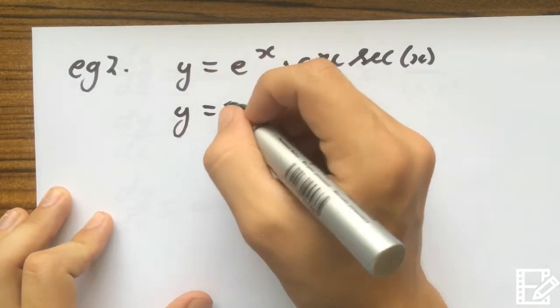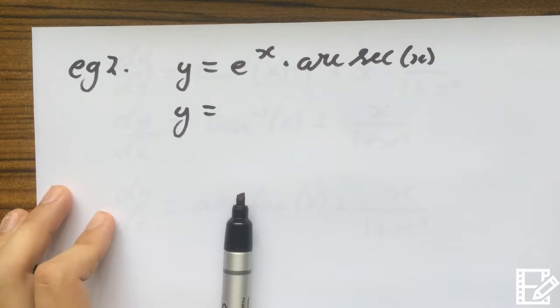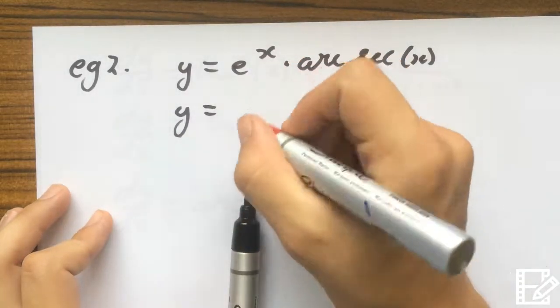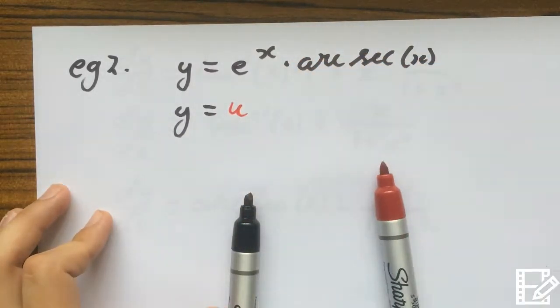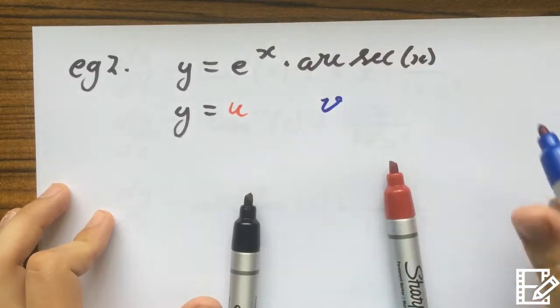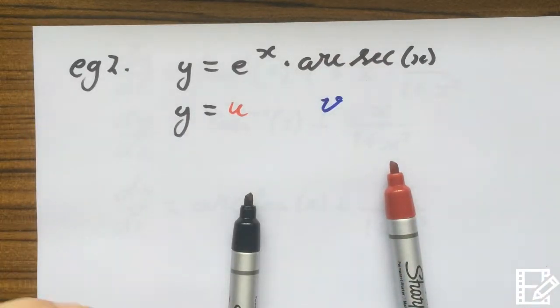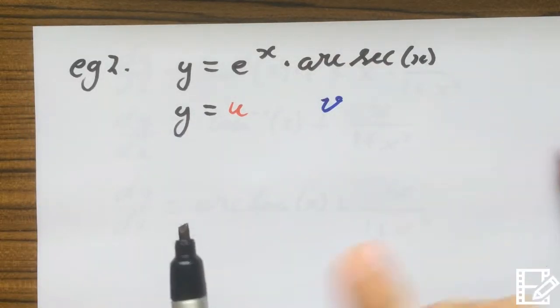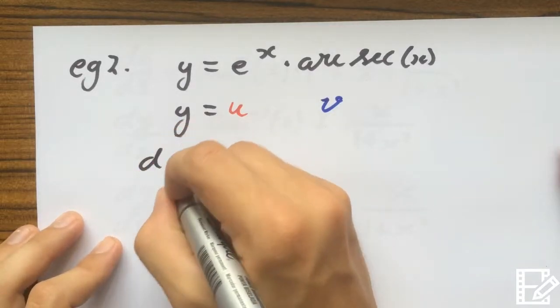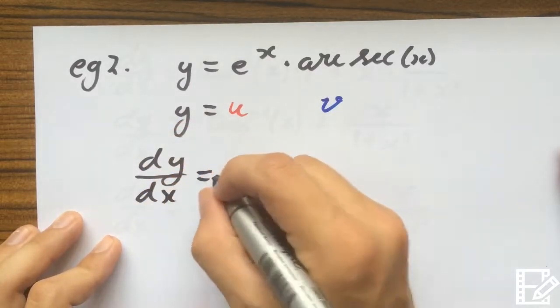Okay. So we need a u and we need a v if we're going to use the product rule to solve. Okay, so like before, I'm going to write out the derivative.